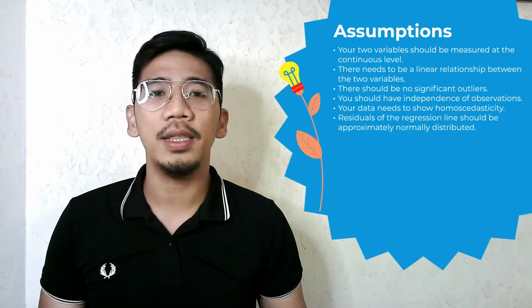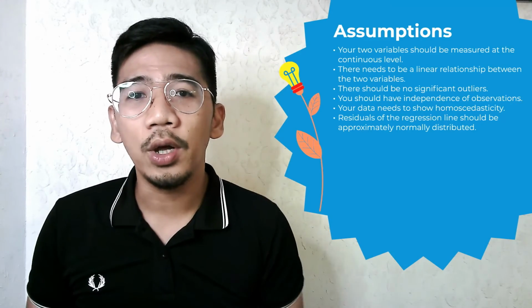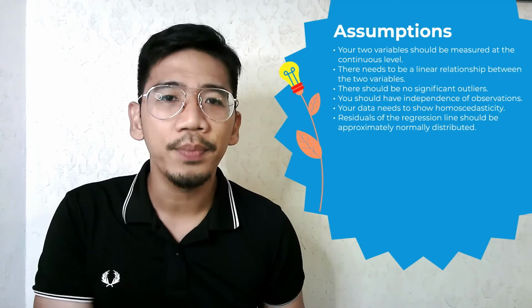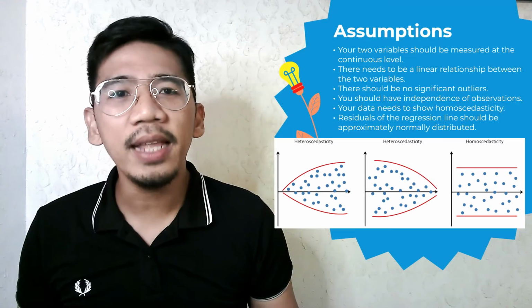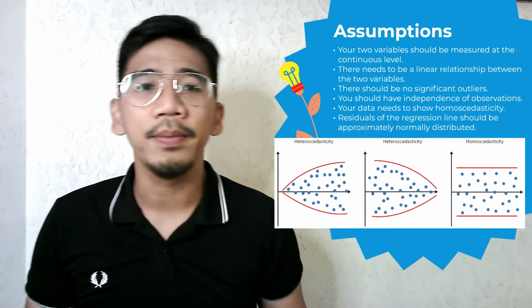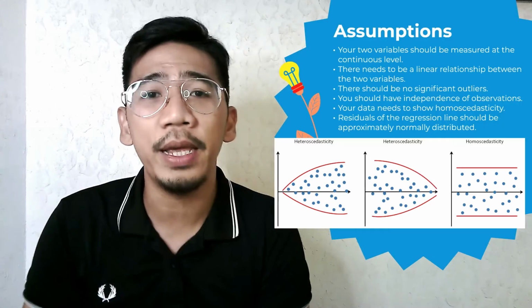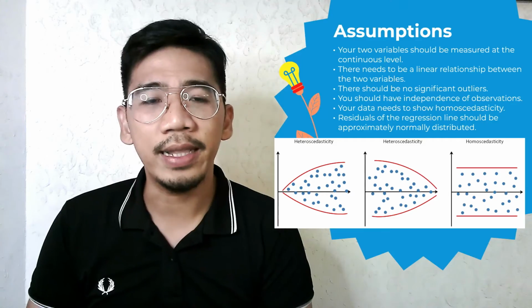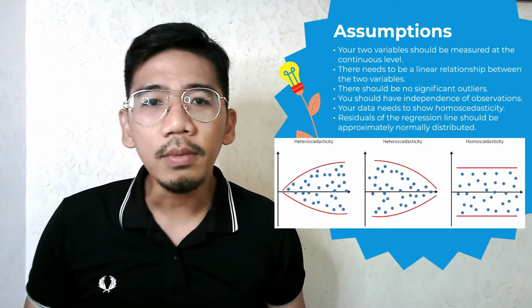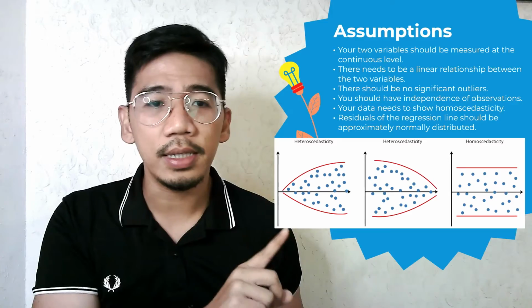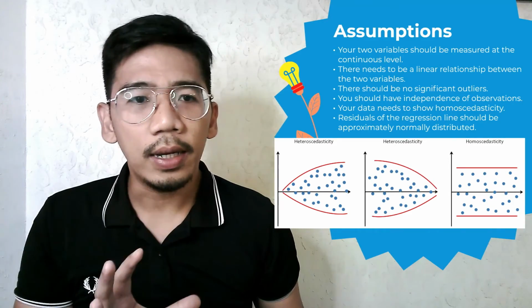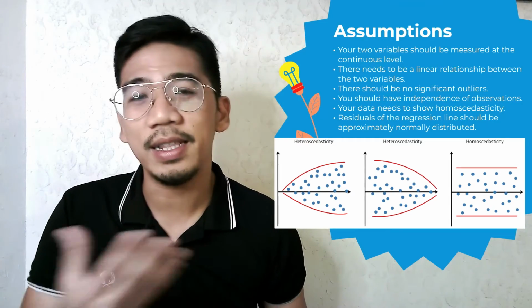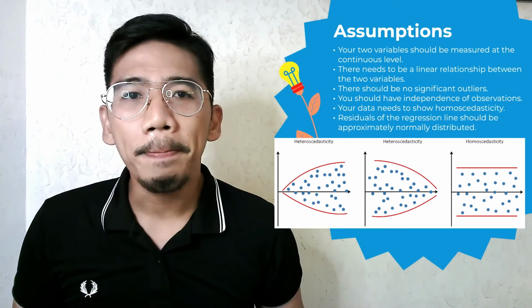The fifth assumption is that your data needs to show what is called homoscedasticity, which is where the variances along the line of best fit remain similar as you move along the line. While I will explain more about what this means and how you assess homoscedasticity on your data, you can look at these graphs to visualize what homoscedasticity actually looks like.